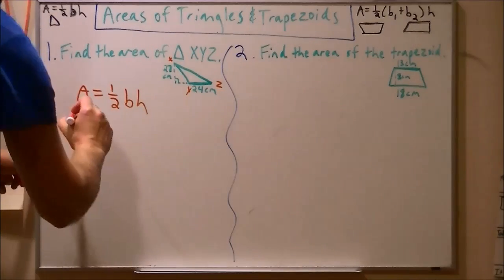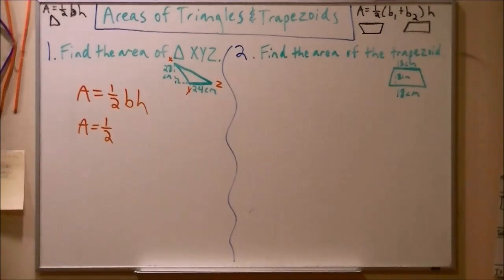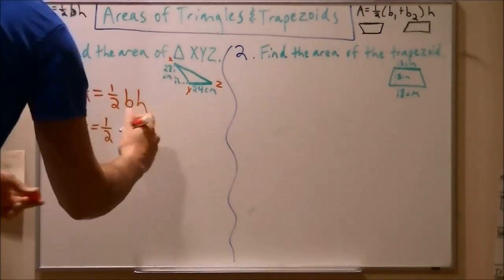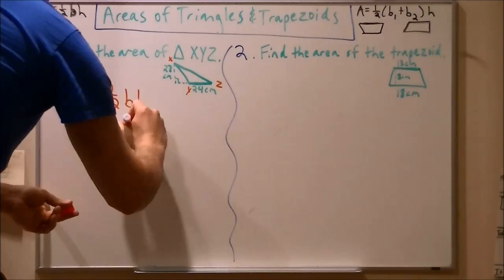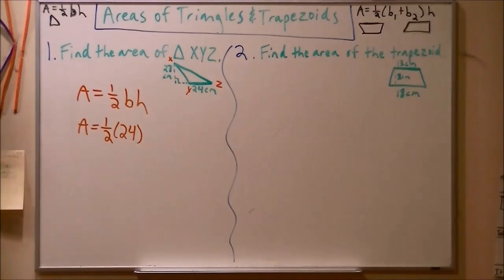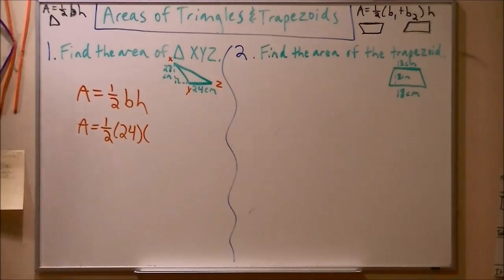And so if I'm trying to find the area of this triangle, all I'm going to do is keep my A for area, because I don't know that, I'm trying to find it, equals what my constant always is every time I do the area of a triangle, 1/2 times B, which is the number 24, so in parentheses, I'm going to plug that in, but also times H, which is its height.